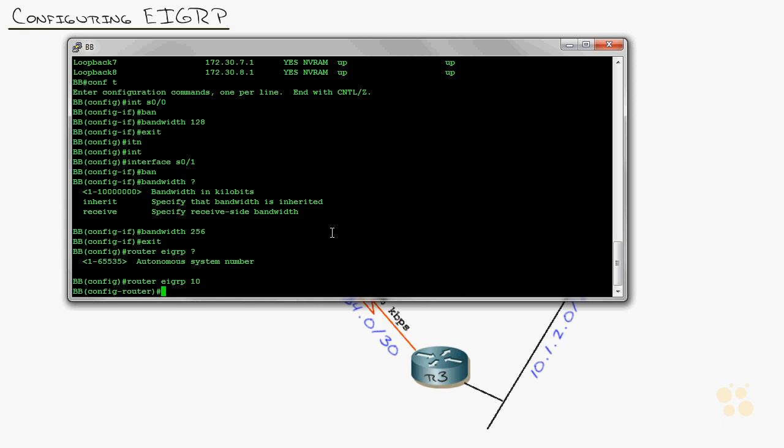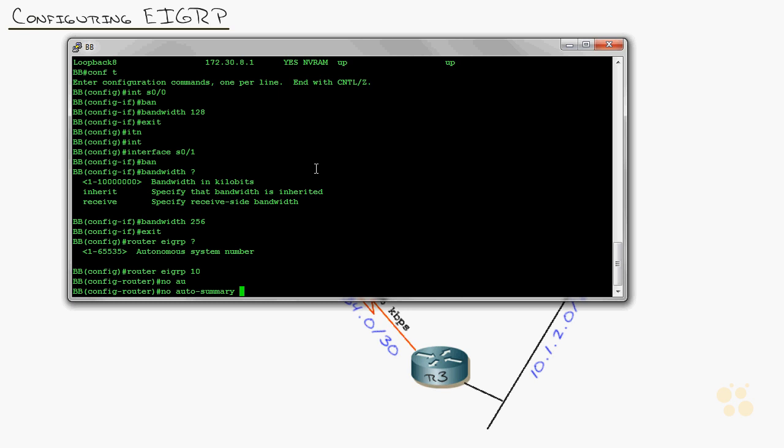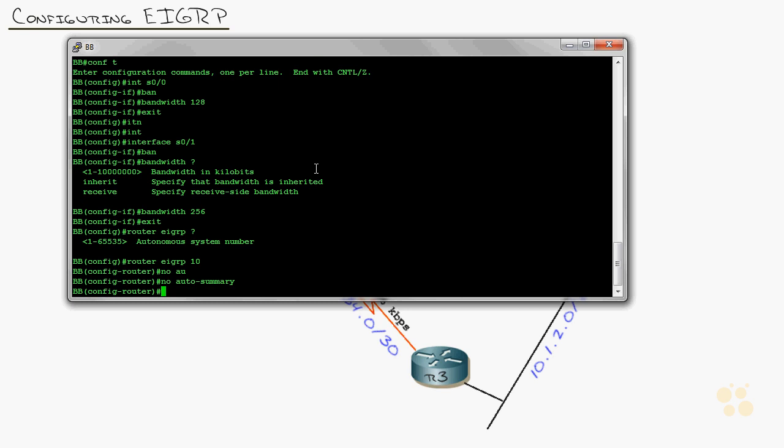Now, that number has to agree between all the routers in our system. First thing I always do is type no auto-summary. This command has not really been necessary since many of the IOS 15 versions, but I still type it. See, in their striving to make EIGRP so user-friendly, Cisco enabled auto-summary, which makes it a classful routing protocol.